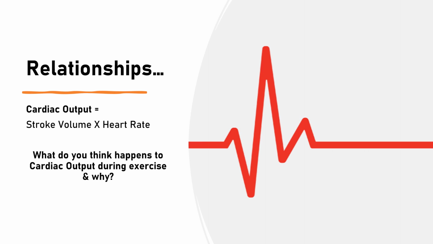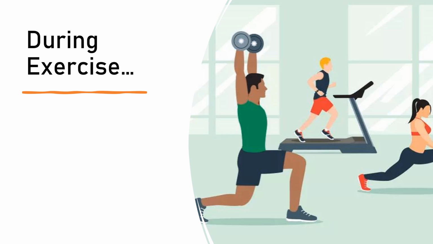What do you think happens to cardiac output during exercise and why? Just have a think for a moment. Well, during exercise, we all know that if we get on a treadmill or go in the gym or start a warm-up for our game of hockey, our heart rate is going to increase. And the harder we work, the higher the intensity, the higher the heart rate will be.